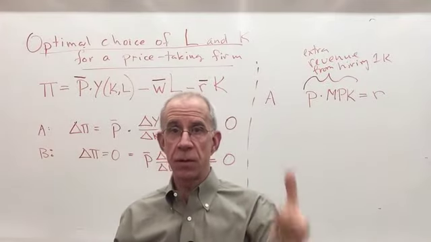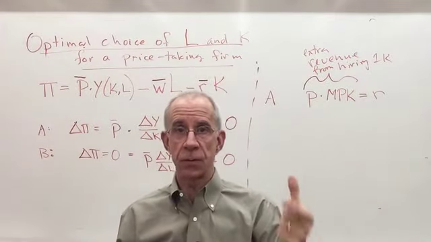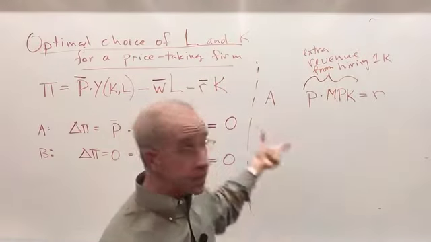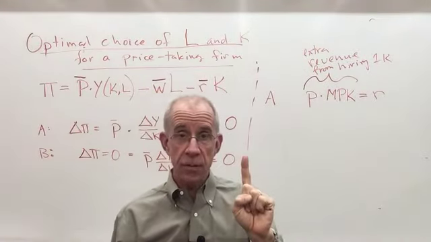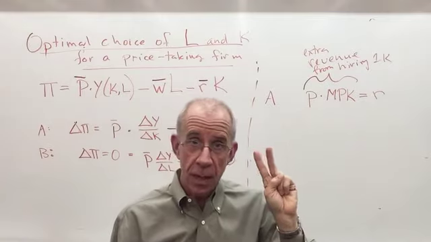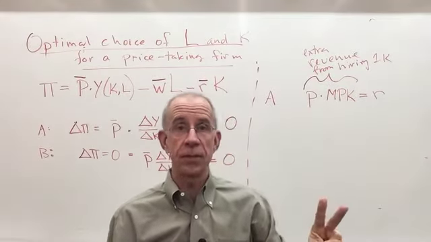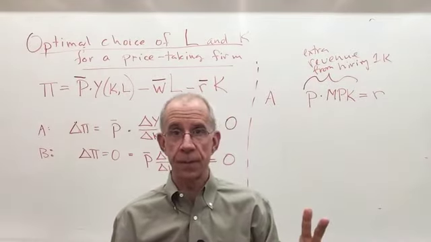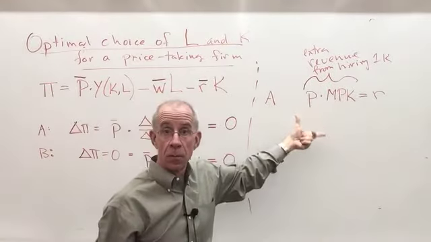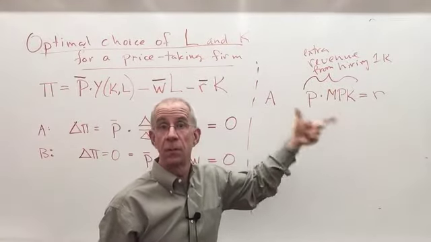In other words, this is marginal benefit equal to marginal cost. The marginal benefit of hiring an extra unit of capital is equal to the extra cost of hiring one more unit of capital. That's the best you can do in choosing capital.